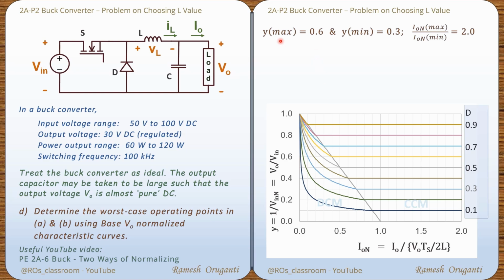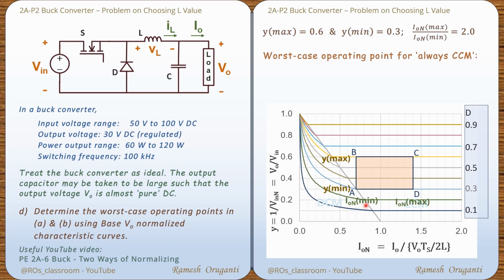Again, on top, Y max is 0.6, Y minimum is 0.3, and ION max by ION minimum ratio is 2. We will now place the rectangle such that at the worst case, it is on the boundary. So the rectangle that we saw earlier has to be pushed a bit to the left-hand side like this. Again, the rectangle is ABCD. This is Y minimum corresponding to maximum input voltage, and this is Y maximum corresponding to minimum input voltage.